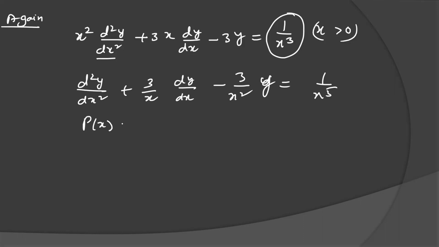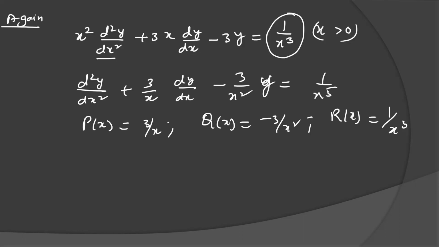Now your p x is 3 by x, q x is minus 3 by x square, and your r x is 1 over x to the power 5. Don't be confused. r x is always found when the coefficient of d2y by dx2 is 1. Never make this type of mistake.